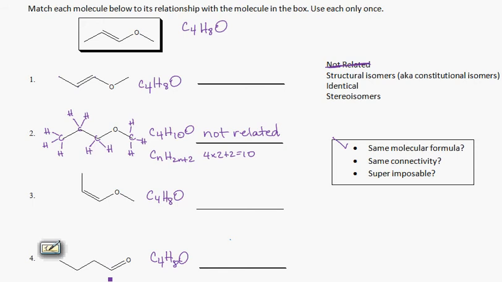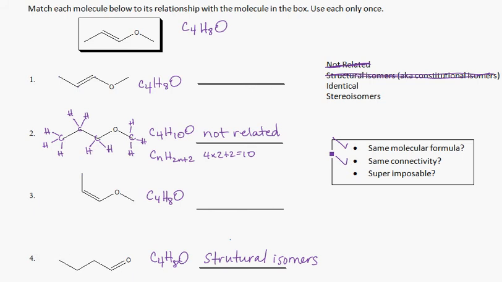And we can also see that the double bond is now between the carbon and the oxygen, when in the original structure we have a carbon-carbon double bond. So the connectivity here is completely different. These are our structural isomers, which is also known as constitutional isomers. So we have found 2 out of our 4 relationships. And we're down to either identical or stereoisomers.